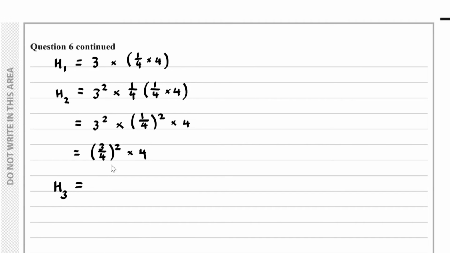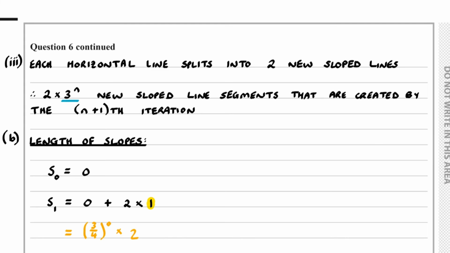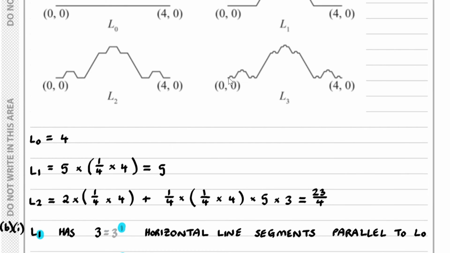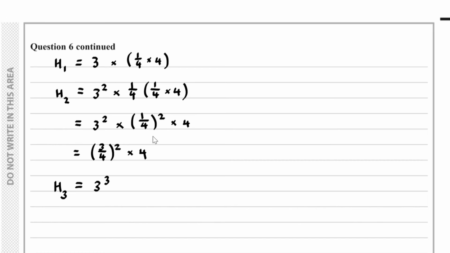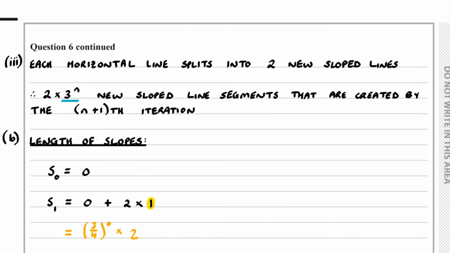Well, for h3, we would have 3 cubed horizontal line segments. We've got 1, 2, 3, 4, 5, 6, 7, 8, 9, 10, 11, 12, 13, 14, 15, 16, 17, 18, 21, 24, 27, or in other words, 3 cubed. And the length of each of those will be a quarter of what we have previously.